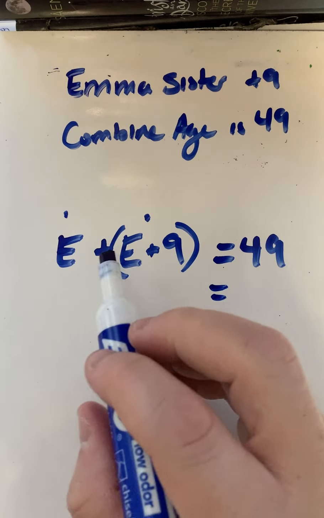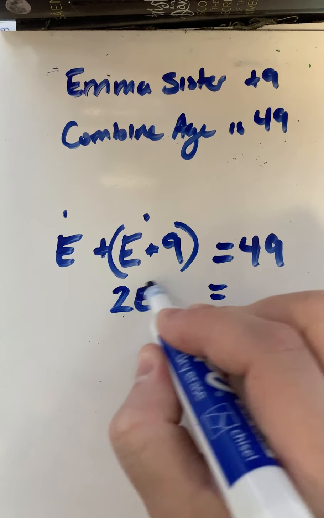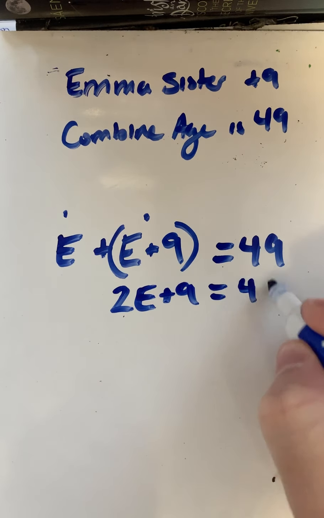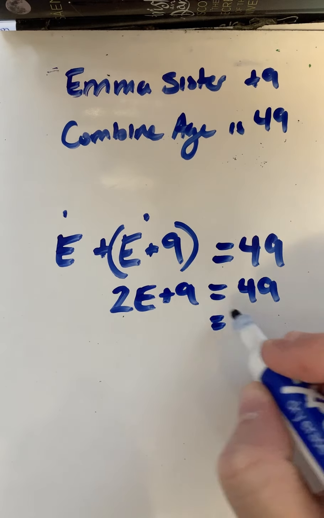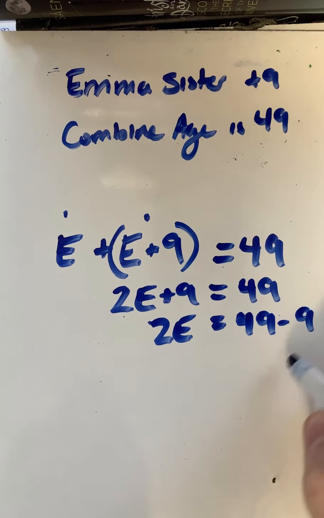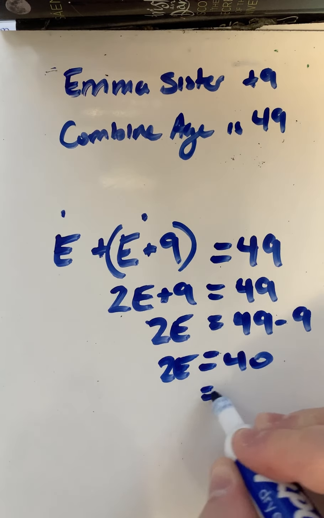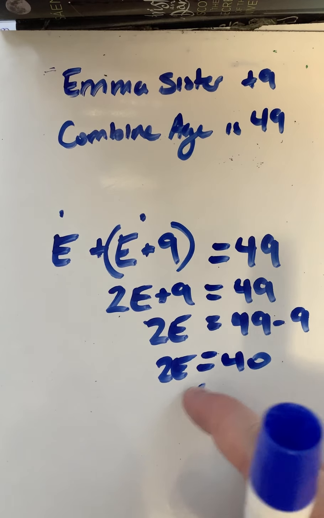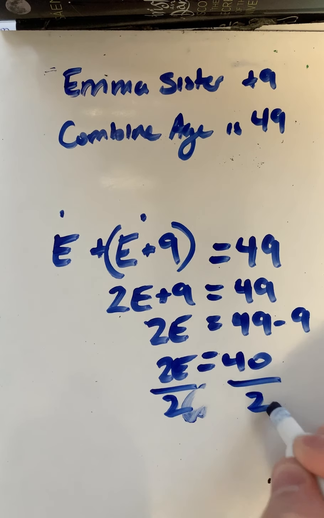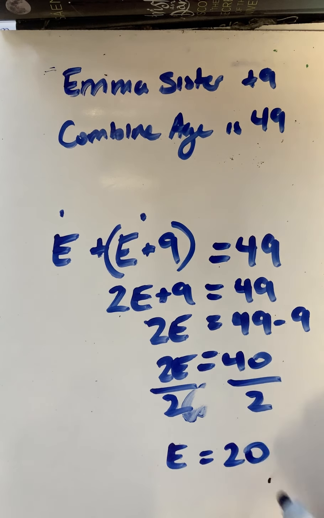And so now, step 1, combine like terms. So now I have 2E plus 9 equals 49. And then I'm going to write 2E equals 49 minus 9. 2E equals 40. I'm going to divide both by 2, and I'm going to get E equals 20.